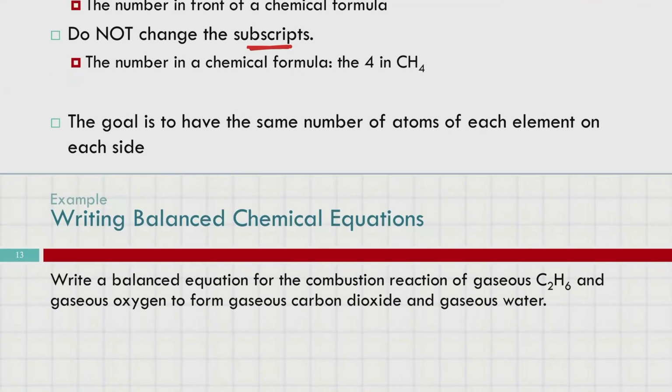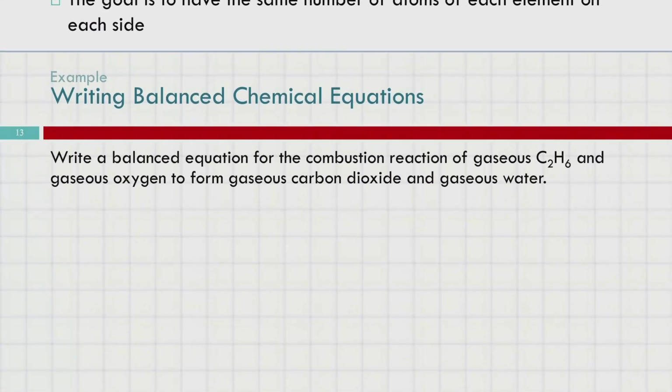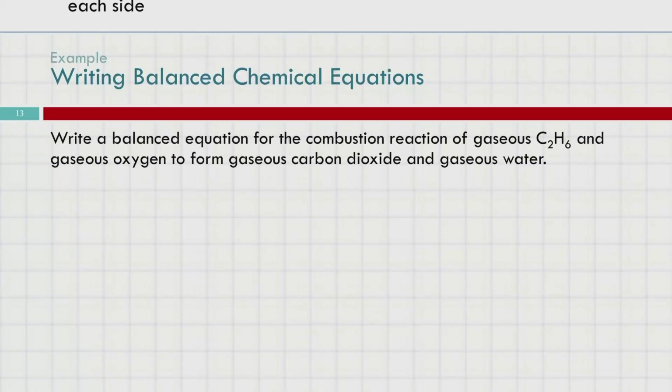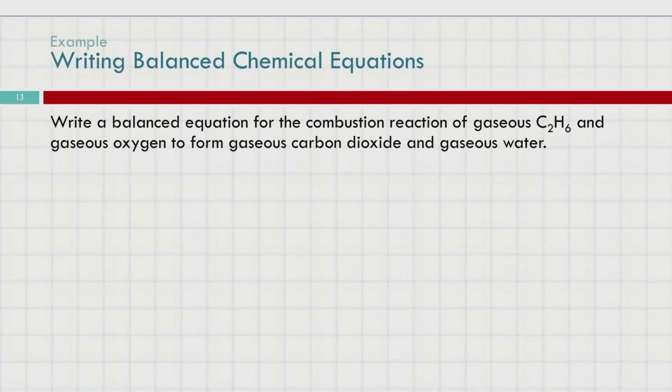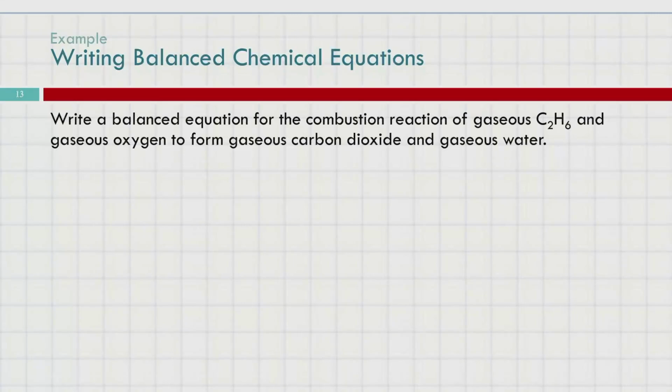So an example. Write a balanced equation for the combustion reaction of gaseous C2H6 and gaseous oxygen to form gaseous carbon dioxide and gaseous water. Our first steps, we need the chemical formulas for these names.